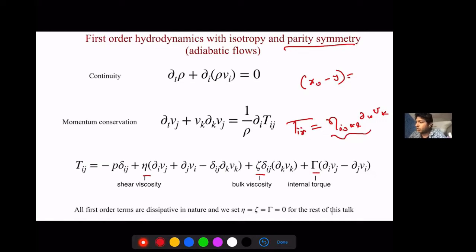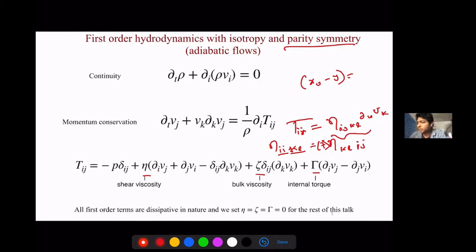So parity odd and parity even can be tracked by the structure of this tensor. If you switch the pair of these indices, kl, ij, and you have a negative sign, you have parity odd, parity symmetry broken in the system. And if you have a plus sign, it's parity preserving.